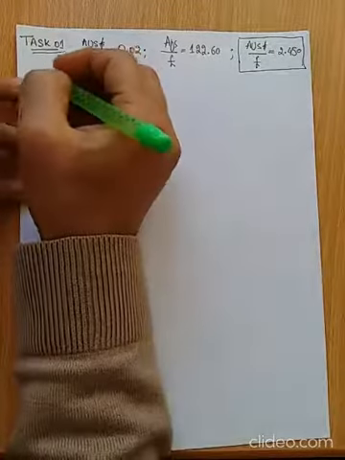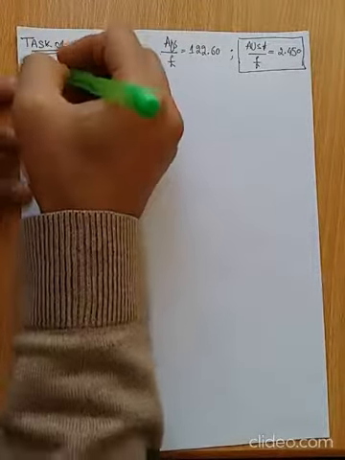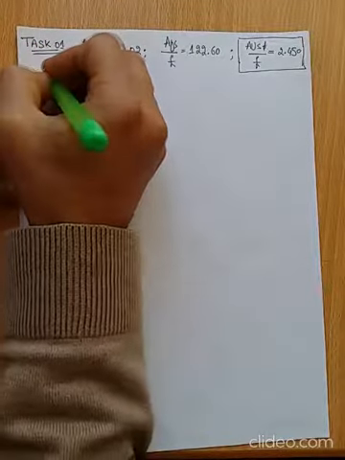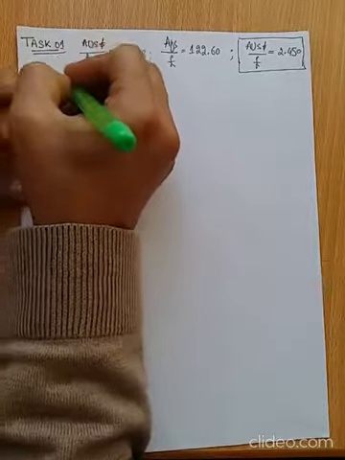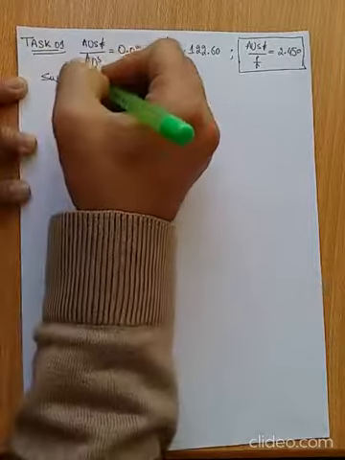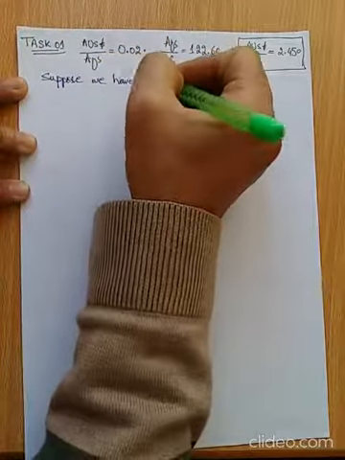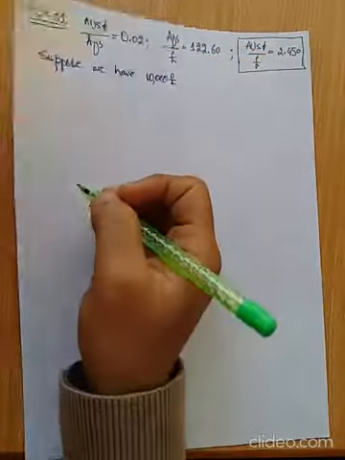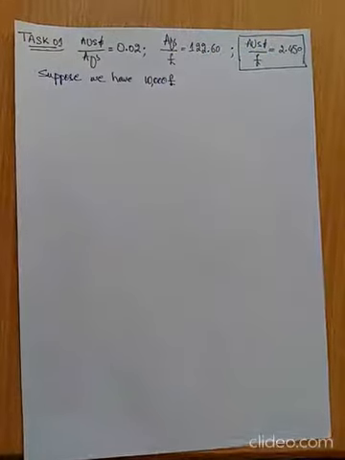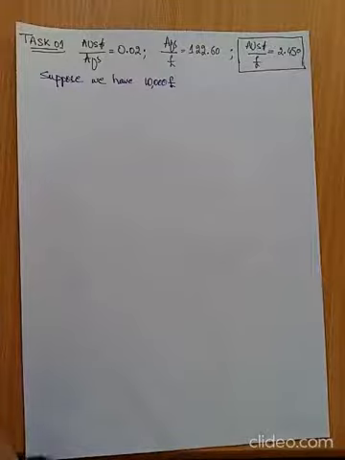Now, as you know, I did a numerical with the supposition that we have 10,000 pounds, and I want to convert these pounds into Australian dollars.